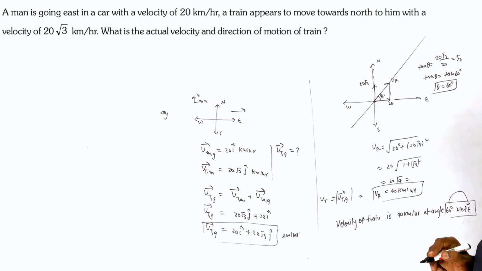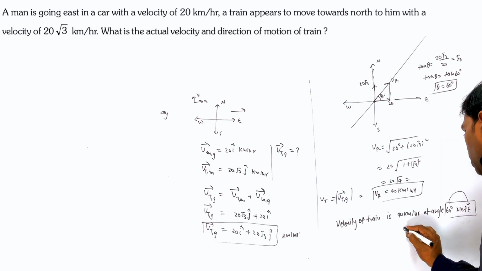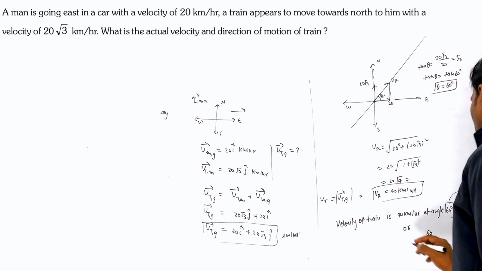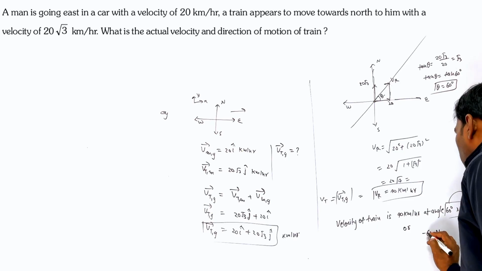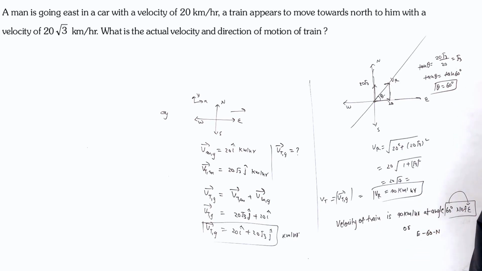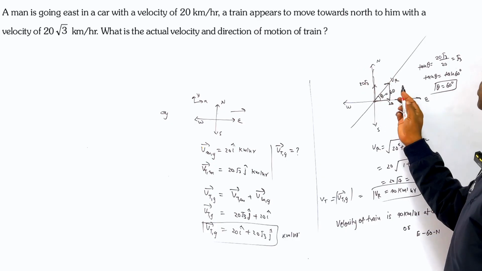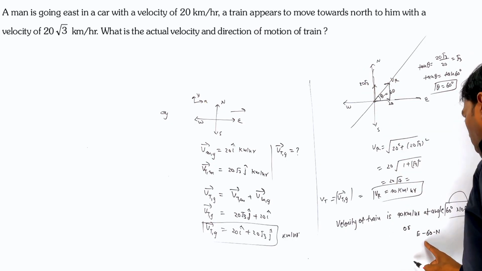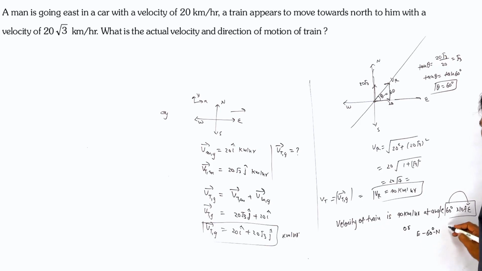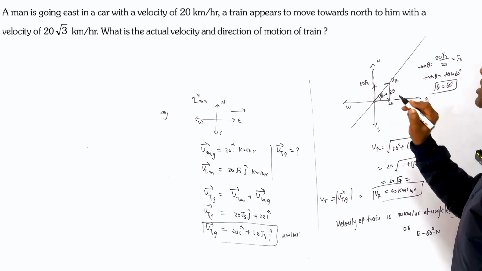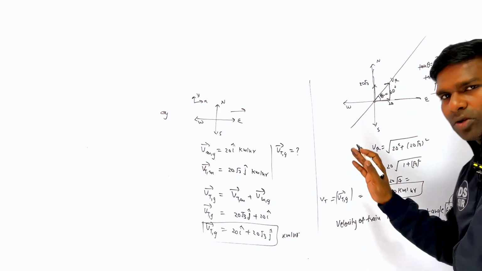This angle must be with the east, or you may write 60 degree towards north from east. This angle is 60 degree towards north from east. This is the symbol, right? 60 degree north of east. It means the 60 degree is connected with east, right? Copy this.